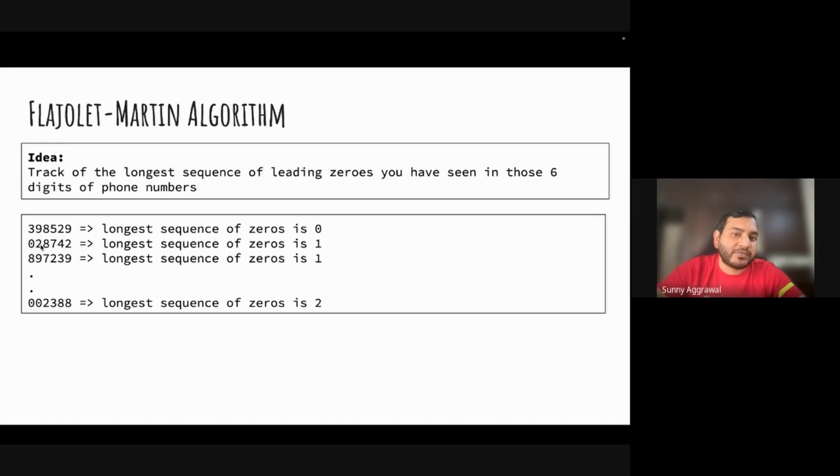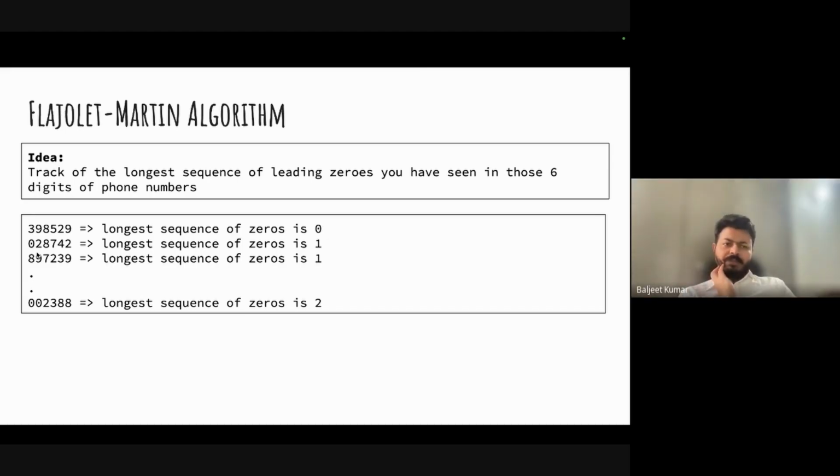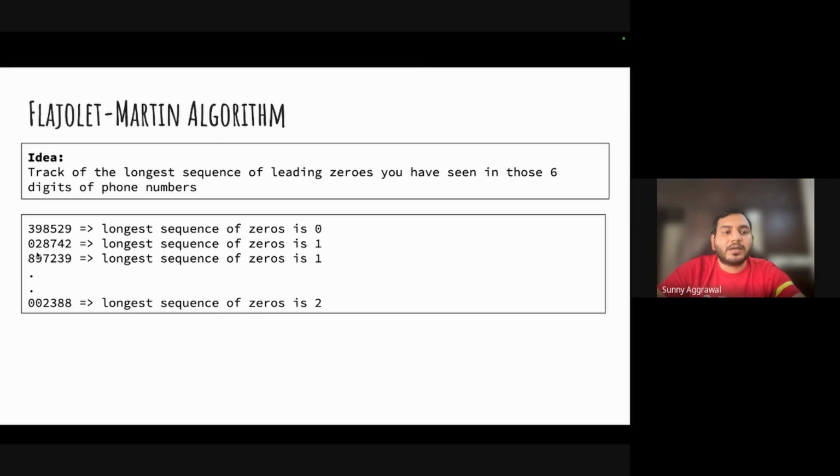But if you have seen 101 people, there are high chances that you will end up having 3 zeros, if everyone has a unique phone number. Then, if you have seen 101 phone numbers, there will be at least 1000 in the phone number.